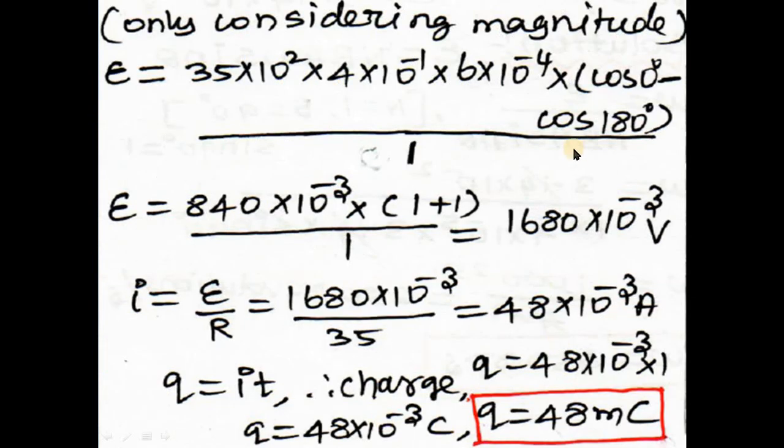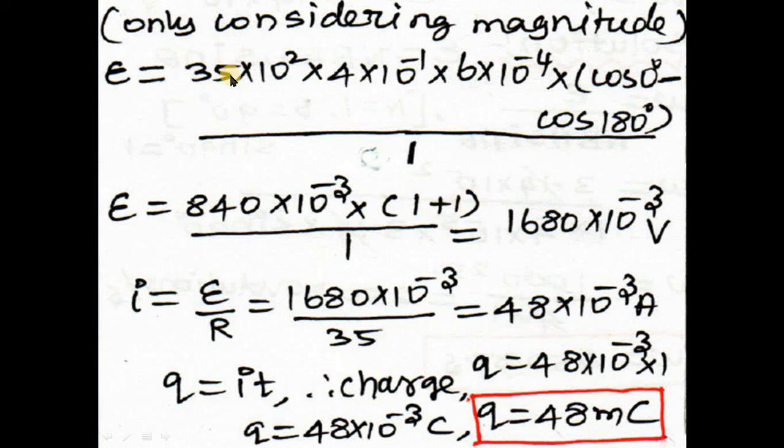Now substituting the values, considering only the magnitude, epsilon is equal to 35 into 10 square into 4 into 10 power minus 1 into 6 into 10 power minus 4 into cos 0 degree minus cos 180 degree divided by 1, because the time value is 1. So multiply these terms: cos 0 degree is 1, cos 180 degree is minus 1, minus into minus is plus. So 1 plus 1 is nothing but 2.